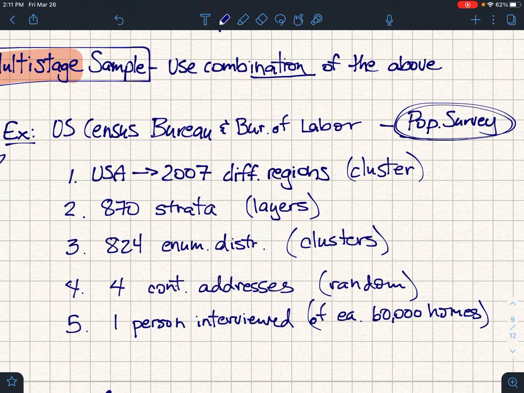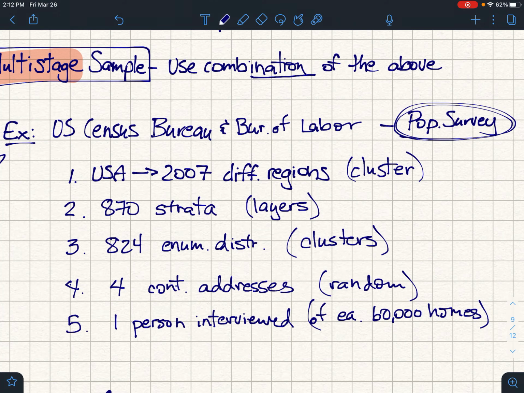From those, in each of those 870 strata, I don't think it's like by age. I think it's more of a geography thing. Yeah, I'm not too sure I understand this, but then they finally go to a numbering system, and they cluster each of the strata into 824 numbered houses, in essence, is what they come down to.